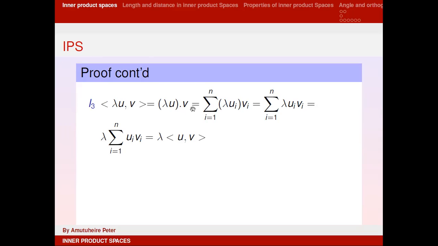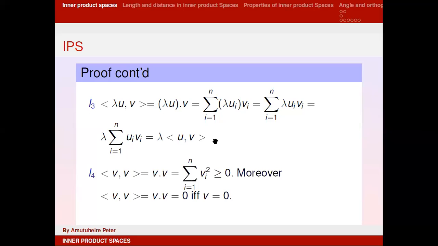And then from the definition of the inner product, we can take this sum, with i equal to 1 up to n. So it is the same as this multiplication. So we can put the constant outside the sum here, and so really even I3 holds.